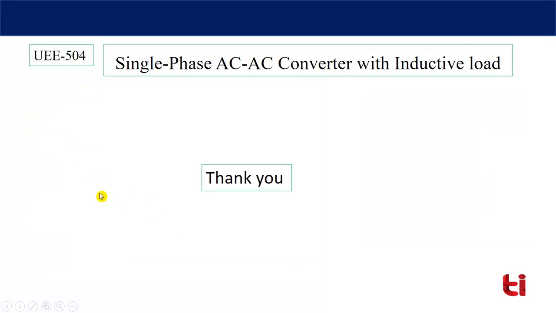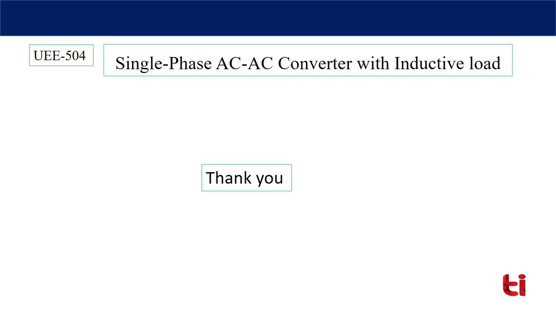So today we have discussed the AC to AC converter based on inductive load, and here we have seen that we got an extra conduction period of thyristor number 1 as well as thyristor number 2, because at the time of discharging current, the voltage across the inductor reverses, and that voltage adds up with the source voltage to give positive voltage across thyristor number 1 as well as thyristor number 2.